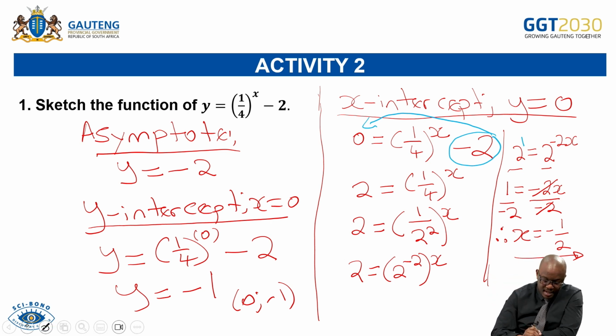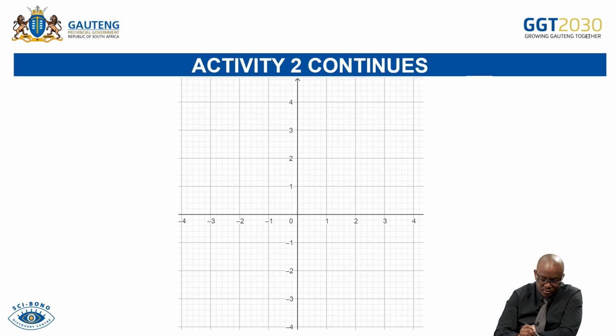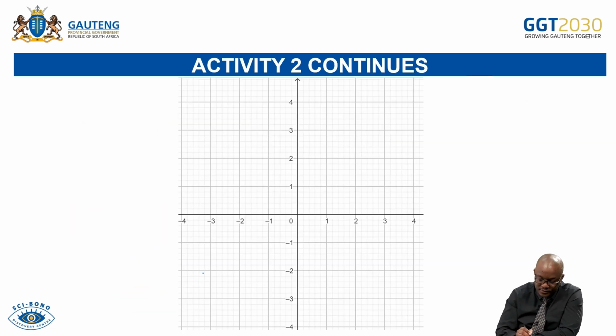Correct? Now, when you have your asymptote, y-intercept and x-intercept, we can then sketch our function. So we start with our asymptote, which is negative 2. Then we indicate our asymptote there. Y is equal to negative 2.